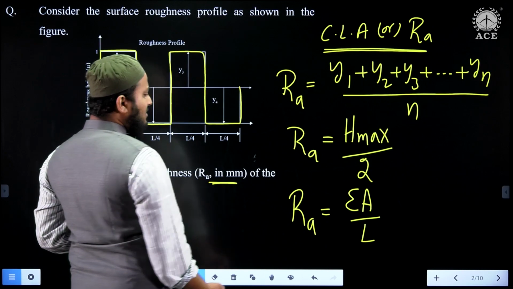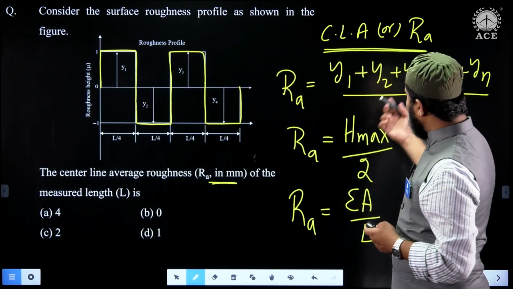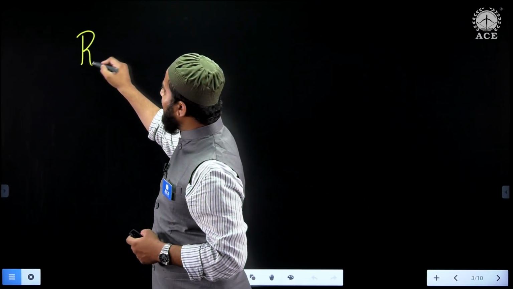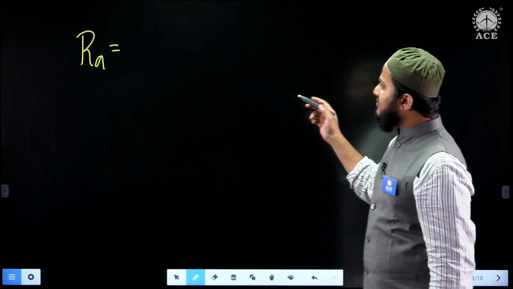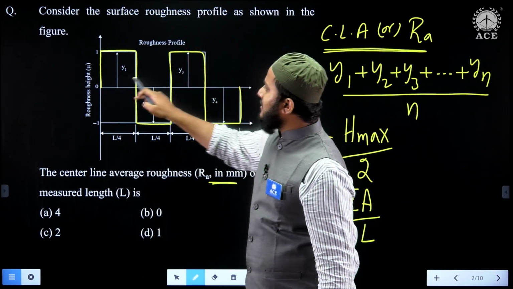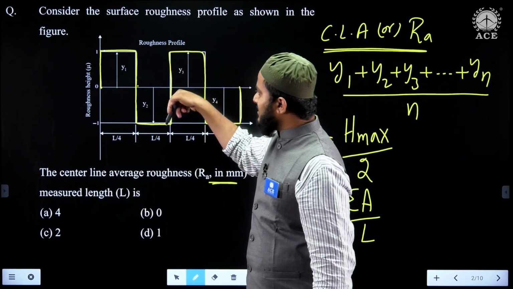So if you notice the solution to this question, by using 3 methods I will show, the answer will always be the same. So Ra is equal to y1 plus y2 plus y3 and so on yn by n. So what are the y1, y2 values here, sir? y1, y2, y3, y4. So 0 to 1 and 0 to minus 1. So 1 is the peak, 1 is the valley.